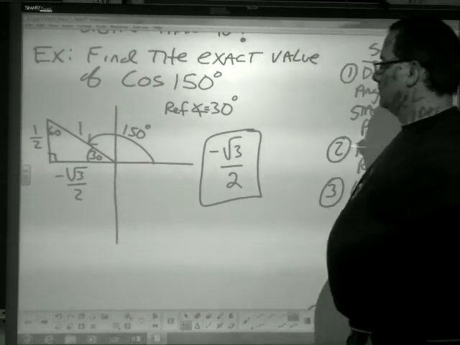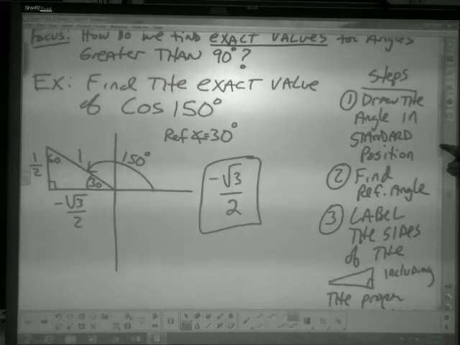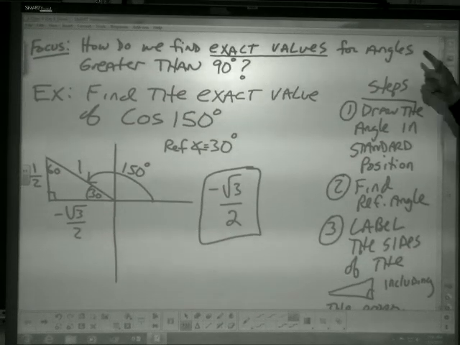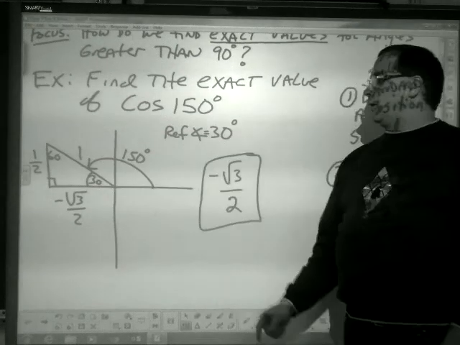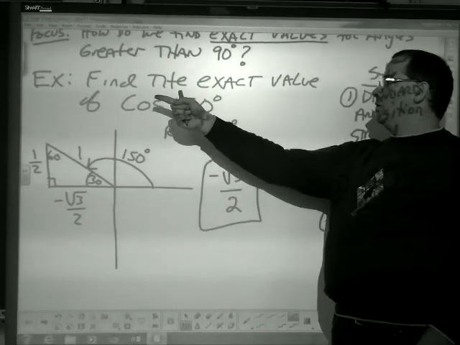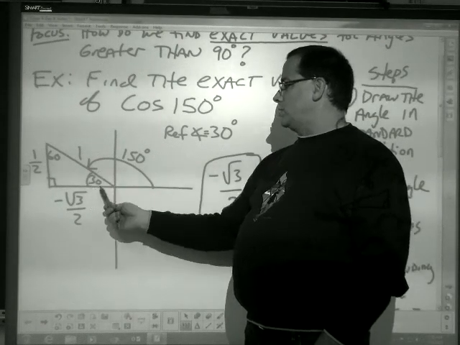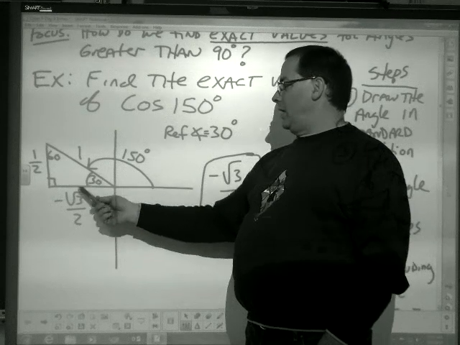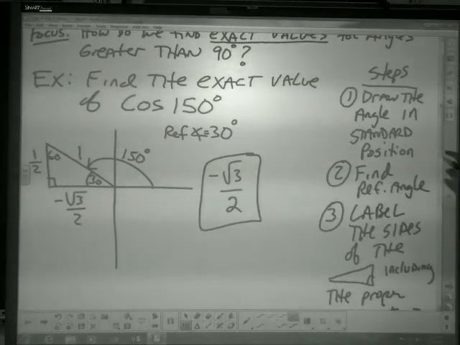And that's my answer. If the angle is bigger than 90, I have to think more about my reference angle. And according to my reference angle, cosine of 150 is the same thing as cosine 30. We talked about this yesterday. And it's negative cos 30. So that's negative radical 3 over 2.